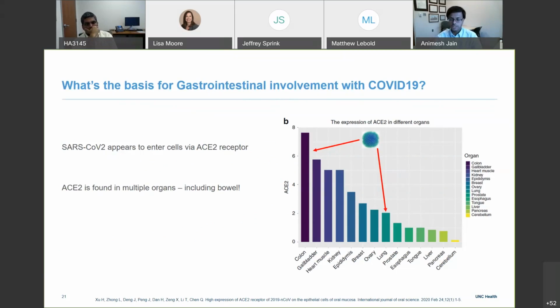And you can see in the middle of the slide with that arrow is lung expression of ACE2. So there's a reasonable amount of lung expression. And if you go way out to the left, actually the colon appears to have very high expression of ACE2, apparently even higher than the lung. So ACE2 is found in multiple organs, including the GI tract, which may be part of the basis for GI involvement. Next slide.